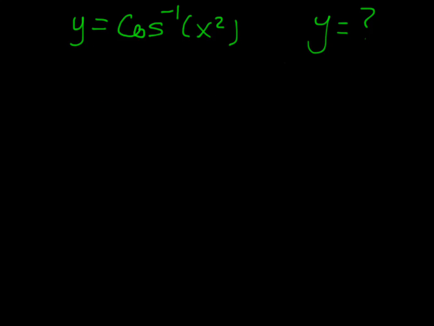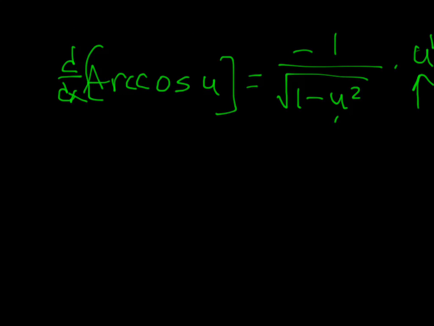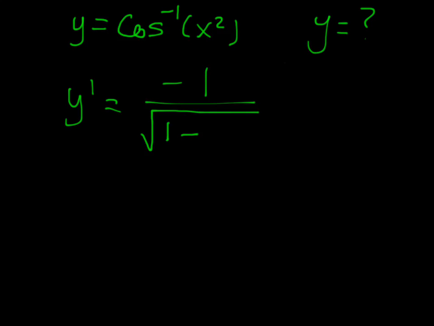So the very first step is, y prime is equal to negative 1 over square root of 1 minus. Now if you look back, just go back for 1 second, that's u right there. So we got u squared. We have to be careful at this step and recognize that we're going to put x squared right there, so x squared, just like that, and then squared.